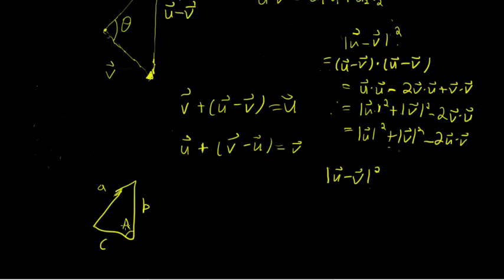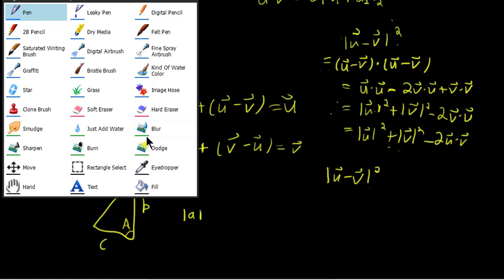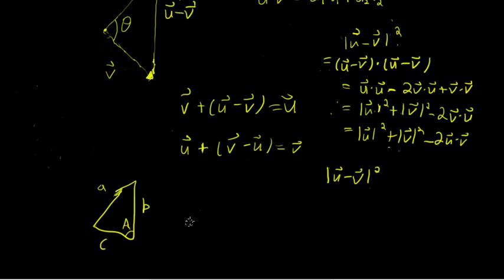So let's say we wanted to find an expression for the magnitude of this side A squared. I guess they could be vectors, so I'll go ahead and make them vectors here. So this is A. Let's pretend this is a straight line for a moment.